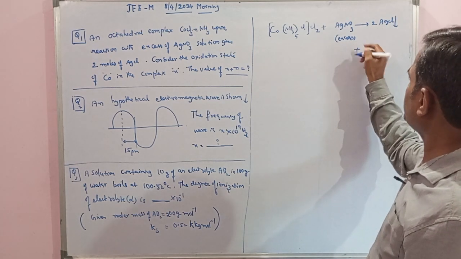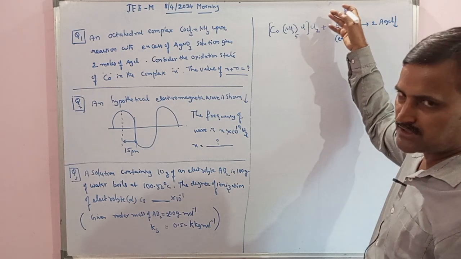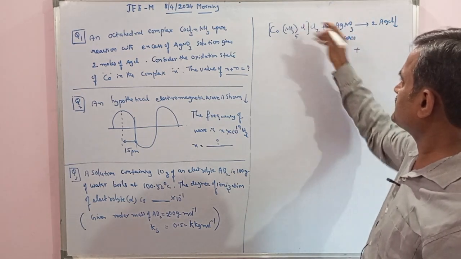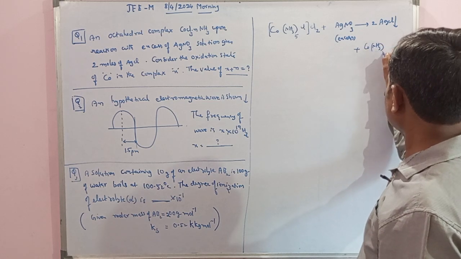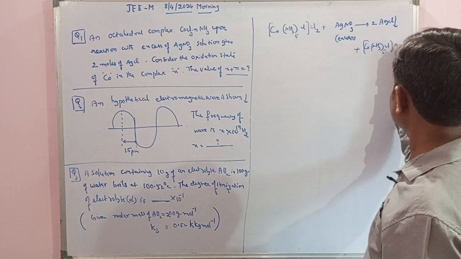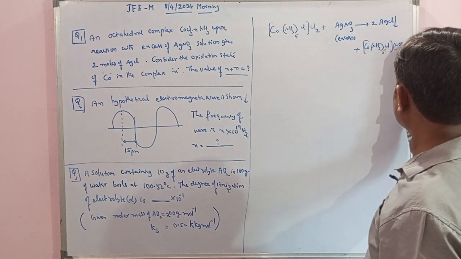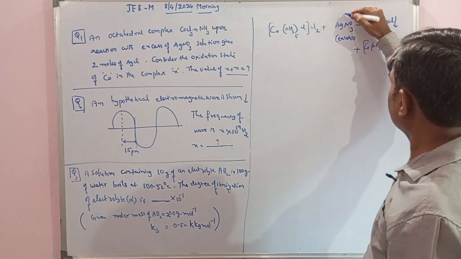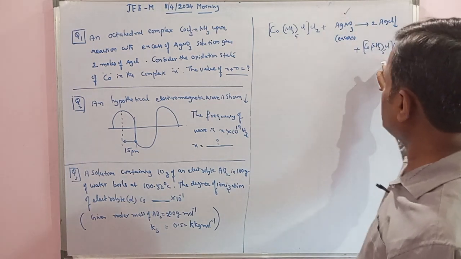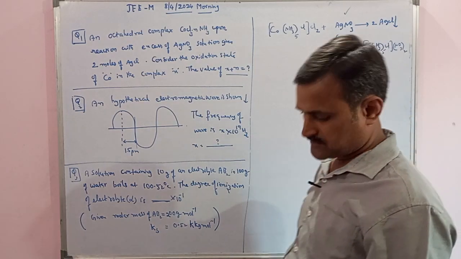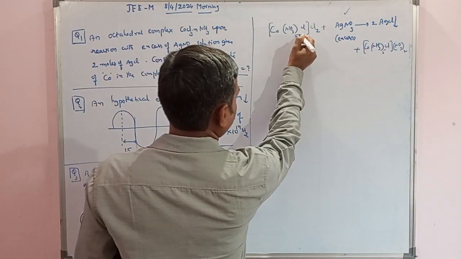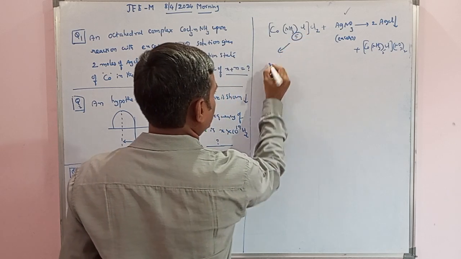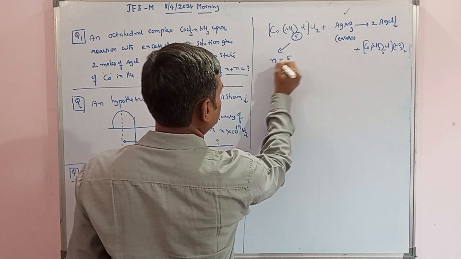The chlorides are replaced with nitrates, that is [Co(NH3)5Cl](NO3)2. Now we understand the number of ammonia ligands from this equation: N value is 5.